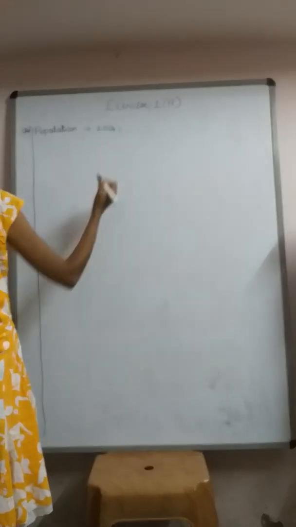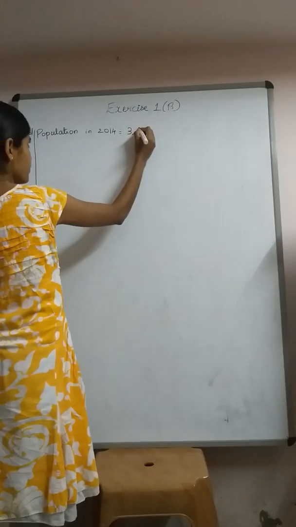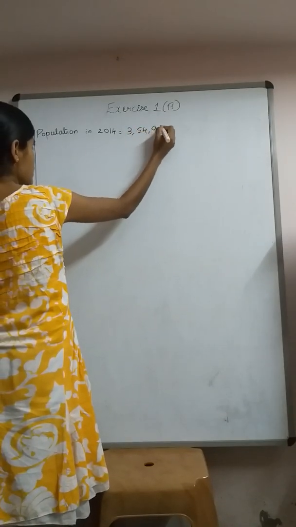So solution. Population in 2014 equals to how much? It was 3,54,976.